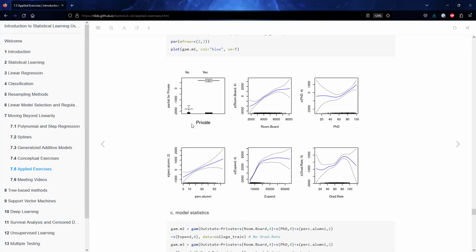For the categorical variable on the top left, we could see the result there. The rest were numerical variables, and you could see, depending on the situation, we have, loosely speaking, a different degree of polynomial. We have perhaps these models broken up into piecewise functions into multiple pieces.